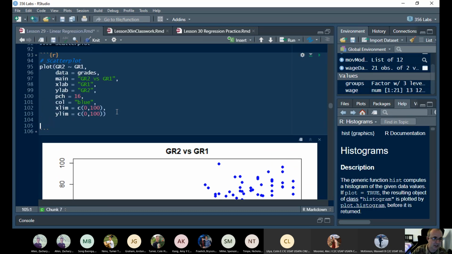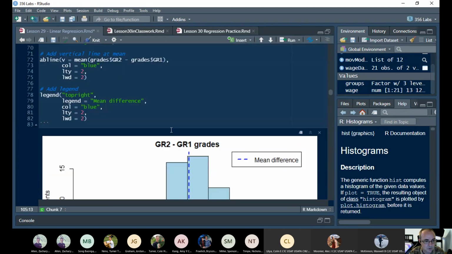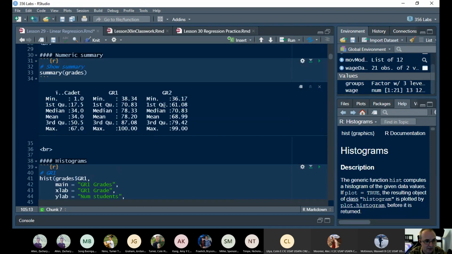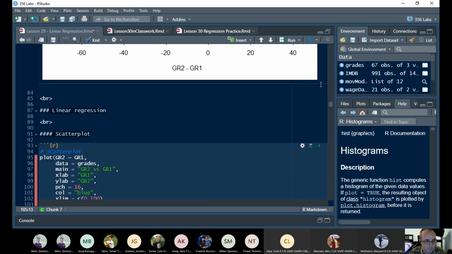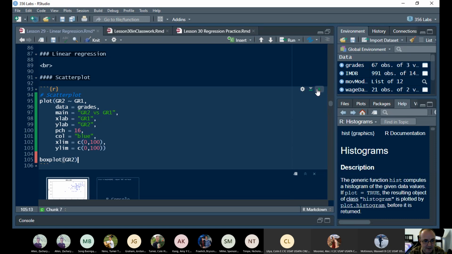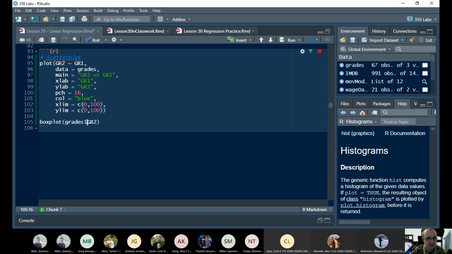But in theory, I could do a box plot of GR2. Let me see if it actually works. Oh, nope, because I didn't bring in grades. Let me go ahead and bring in grades. Now I should be able to do that. Oh, it still doesn't like it. I told you this was going to go wrong. Oh, I'm sorry, of grades$. Let's try that.